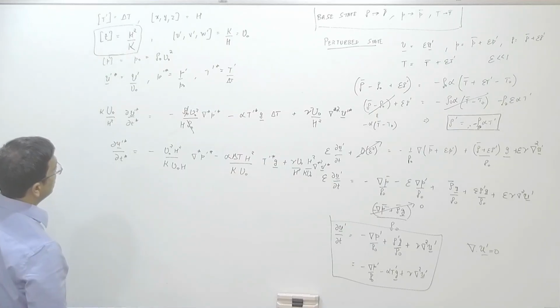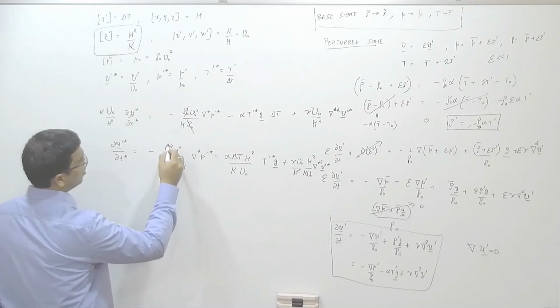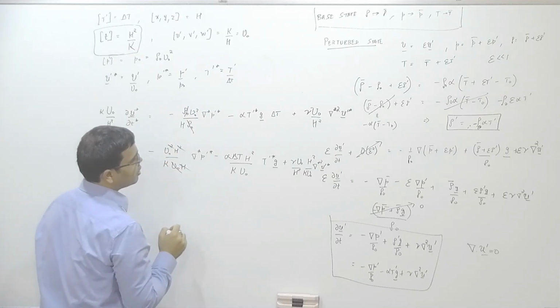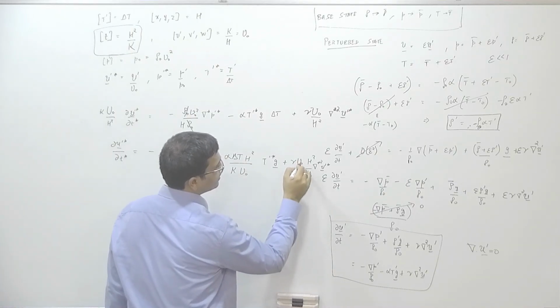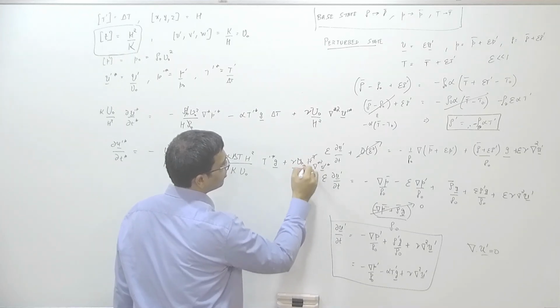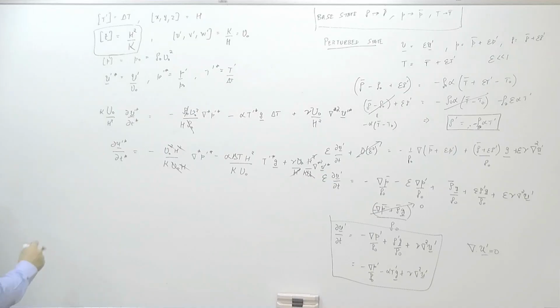Okay, and now, so u naught, this cancels out, this cancels out. Okay, and what I'm going to do here is, so here you will see that there's a nu by kappa that remains, everything else cancels out. So I'm going to now multiply the whole equation by kappa by nu.